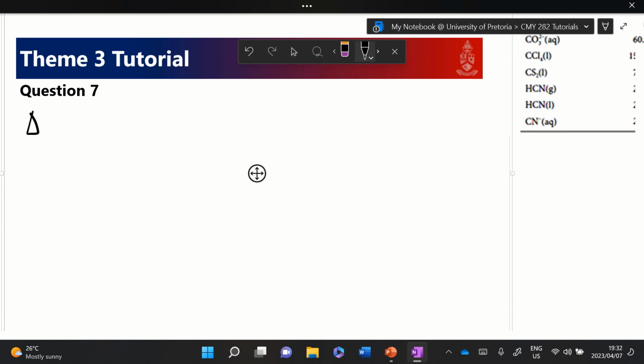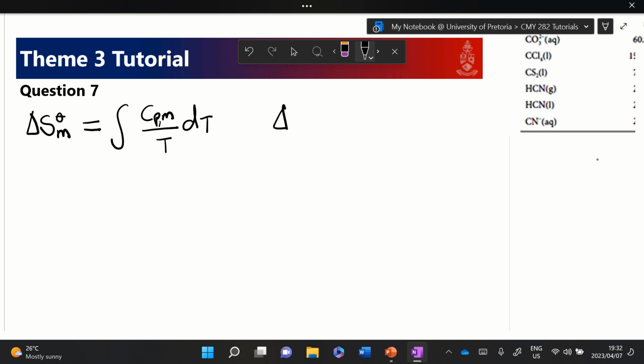It was that the molar entropy change for heating to a higher temperature is equal to the integral of Cp,m over T dT, or something like that. And similarly, there's one for enthalpy. It's also to do with the heat capacity. It's also Cp,m dT. There's just no T at the bottom.